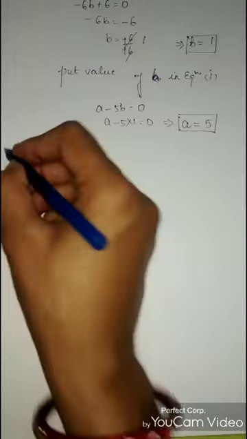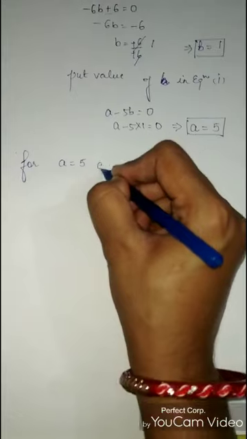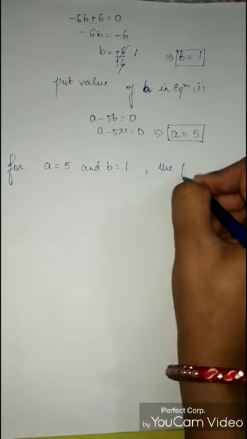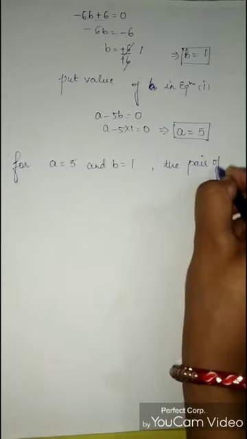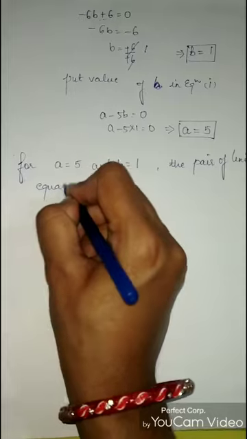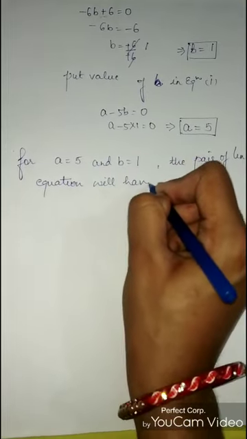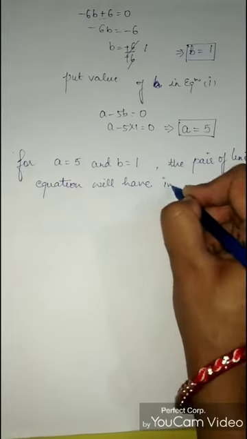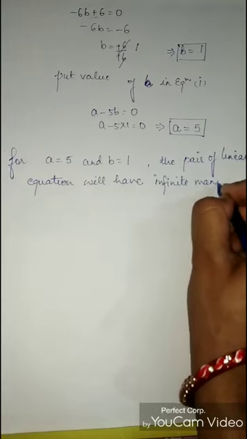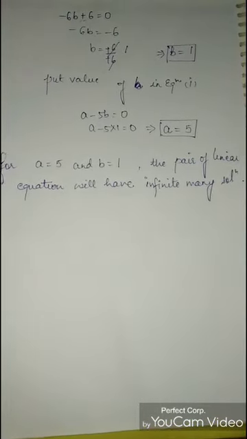So for a equal to 5 and b equal to 1, the pair of linear equations will have infinitely many solutions. Okay, in this way we have to solve this.